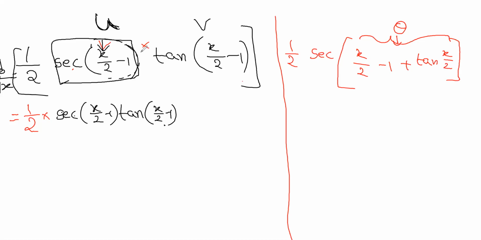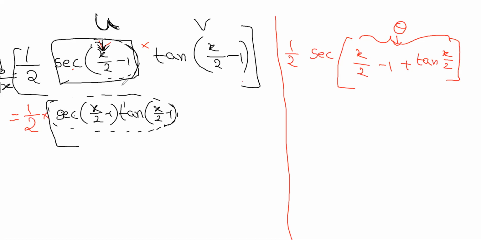That is u dash. But it is just only for secant x. There is a second function, that is x by 2 minus 1 also. Now the differentiation of the inside function. This is the differentiation of outside function that we have written. Now we have a differentiation of inside function.